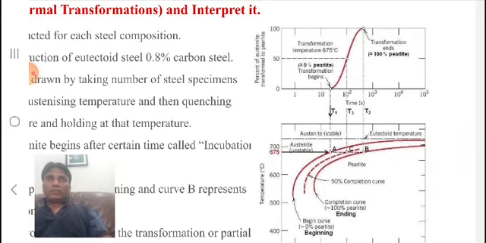At a temperature of 700 degrees centigrade we get coarse pearlite, and at 675 degrees centigrade we get fine pearlite. But at a temperature of 650 degrees centigrade, what we get is sorbite, very fine or dispersed pearlite, that is sorbite.